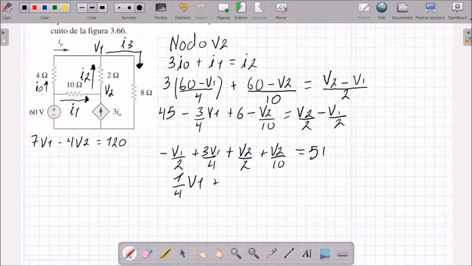This is going to give me 3/5 of B2 equals 51. So here it would be a quarter of B1 plus 3/5 of B2 equals 51, and we now have our two equations.